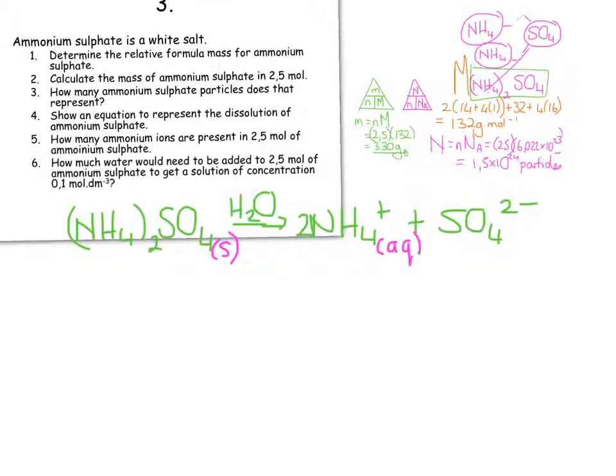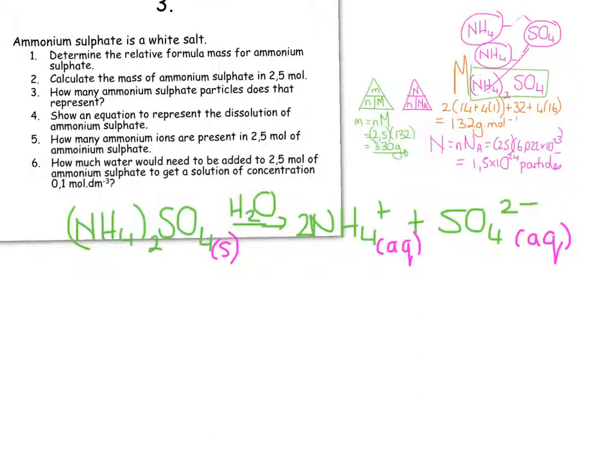But then I need to put a subscript aq after each of the ions to show that those ions are now dissolved in water. Remember that once I've dissolved an ionic salt in water, that substance is able to conduct electricity because these ions are free to move. Charged particles that are free to move.